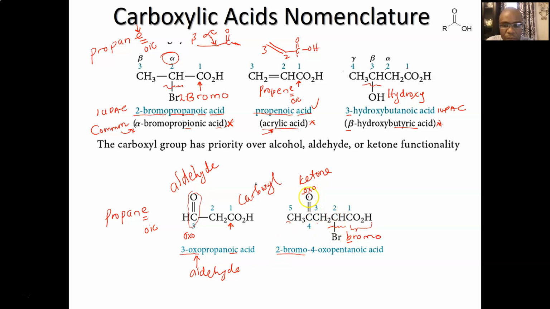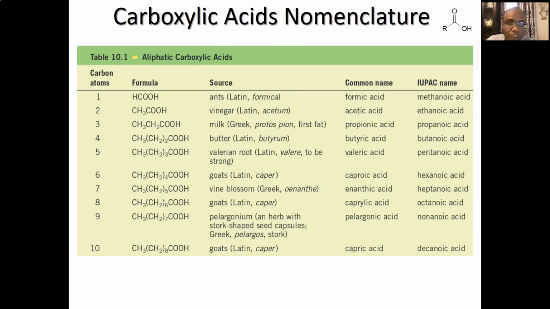The oxo, which happens to be the carbonyl of the ketone, is on the fourth carbon, so 4-oxo. And then you have 5 carbons on the longest chain bearing the carboxyl group. It should have been pentane, but we're dropping the E and putting oic. So it's pentanoic acid. And so on and so on.